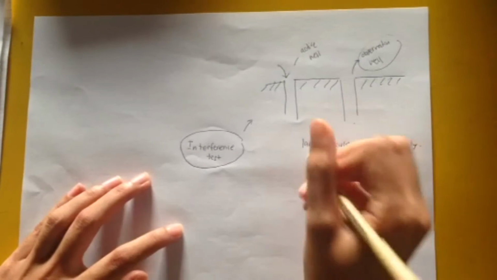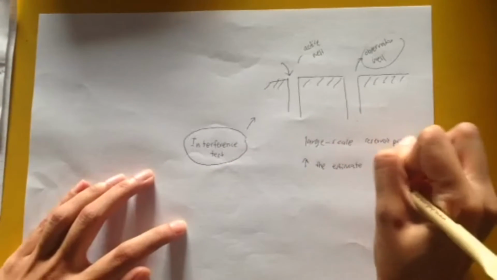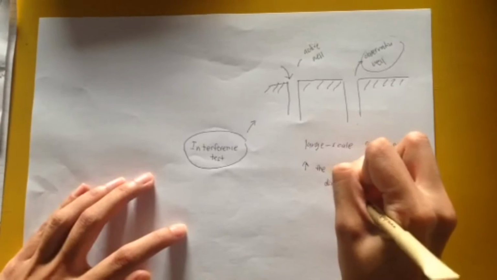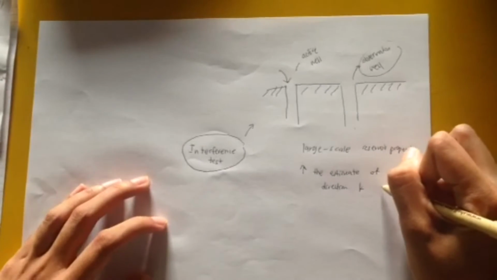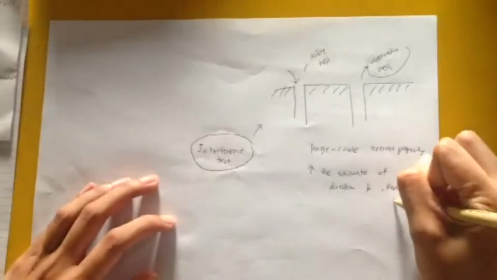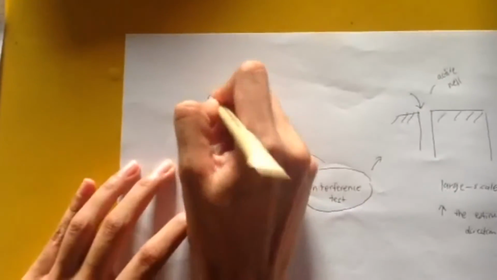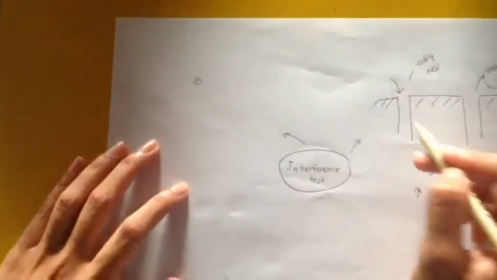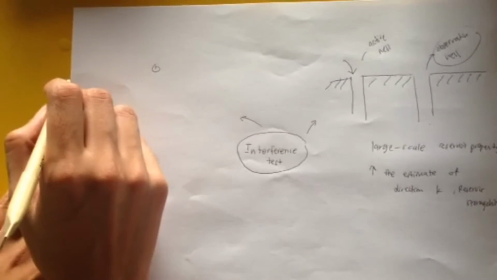Other than that, it is also to improve the estimate of the directional permeability, K, and the reservoir storativity. So the functions are, first, we want to know whether these two wells are connected or not, by their permeability and their grains.